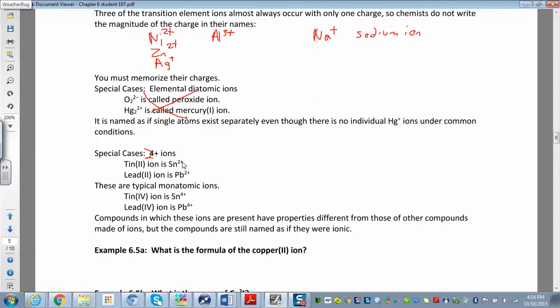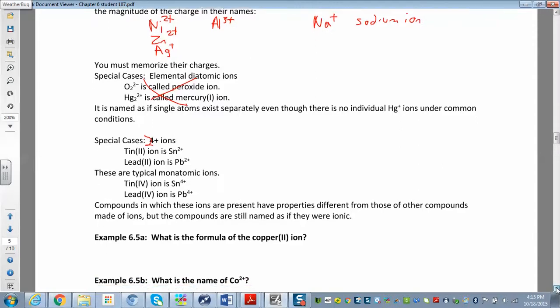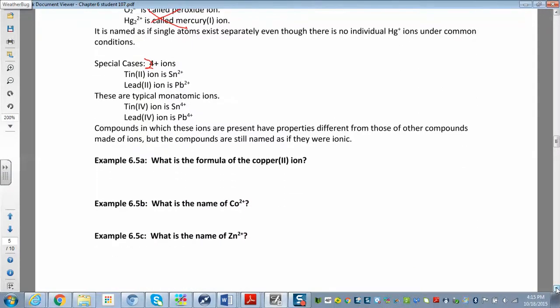If it has a +2 charge, then it's tin(II) ion. If it has a +2 charge here for lead, it's lead(II). But it could also exist as +4 and +4. So we have to distinguish between those two different ions when we're naming just the ions, and also when we're naming the compounds. Compounds in which these ions are present are going to have different properties from other compounds made of ions.